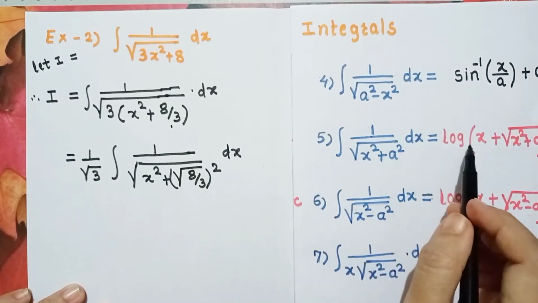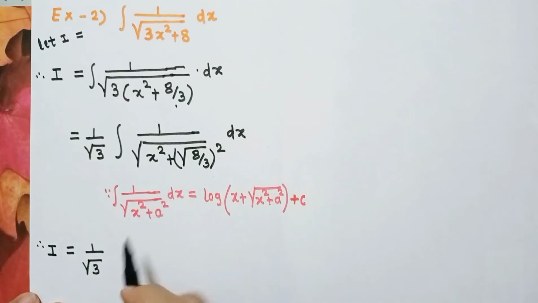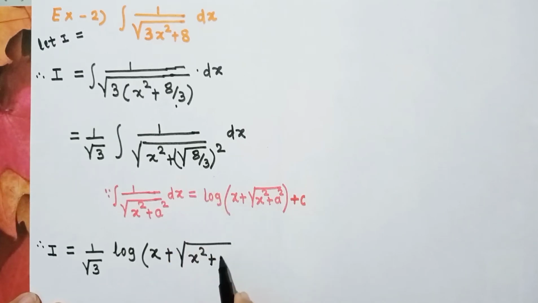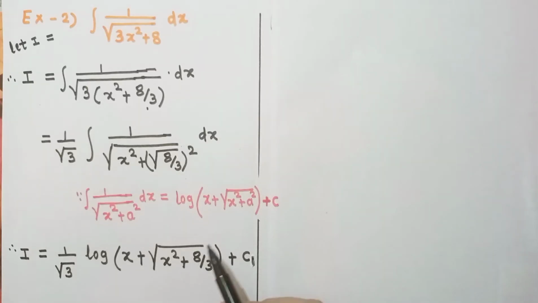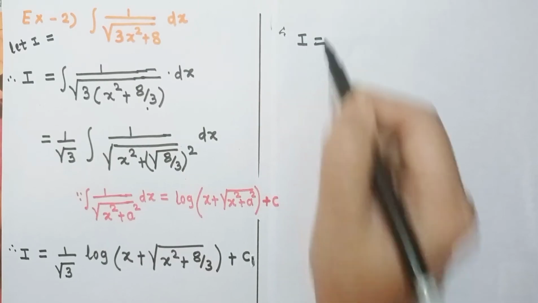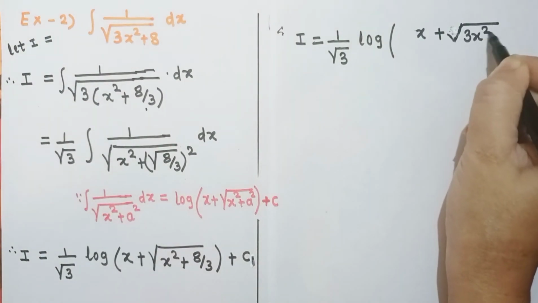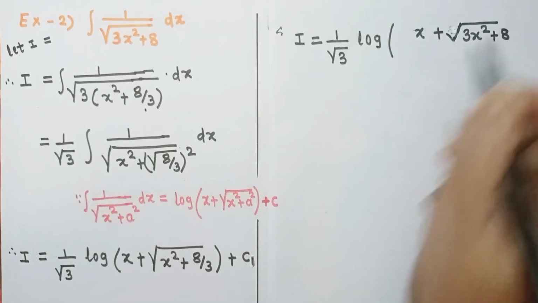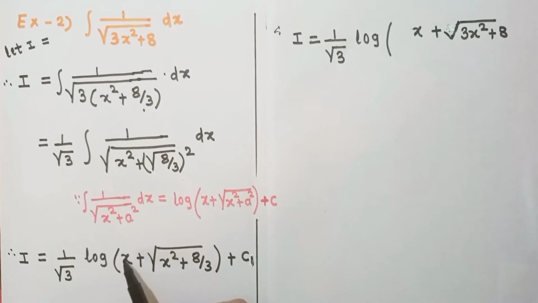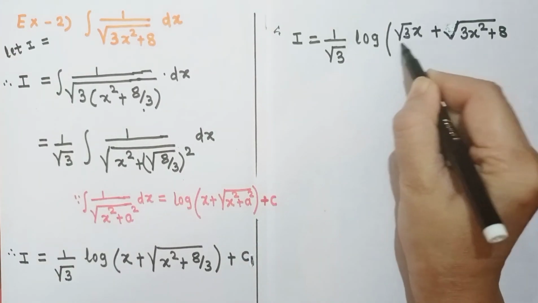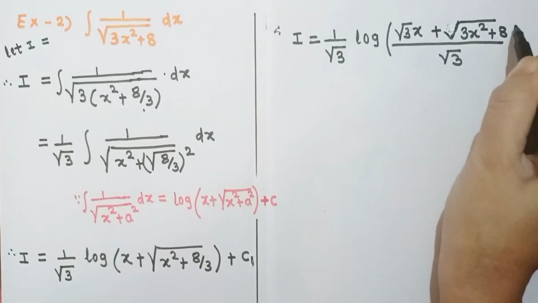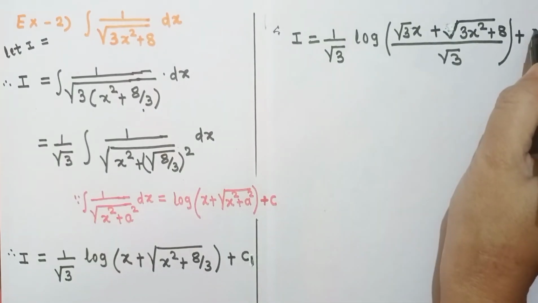Now here we will use this formula, and so by this formula its answer is log of x plus root, this root you have to write as it is, x square plus a square means again 8 by 3 we will write, and here plus c1, and here we will make denominator same, and therefore I is equal to, now look here, 3x square, so we will write 3x square then plus 8 and upon root 3, so we will multiply root 3 here, so I am writing here root 3 and common denominator root 3, and then write down plus, this is c1.